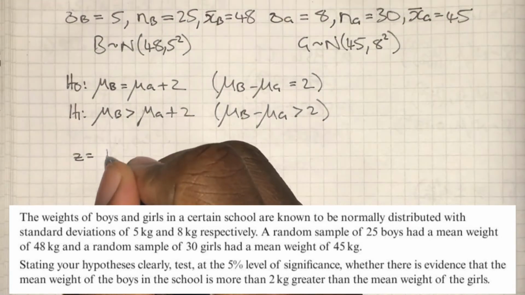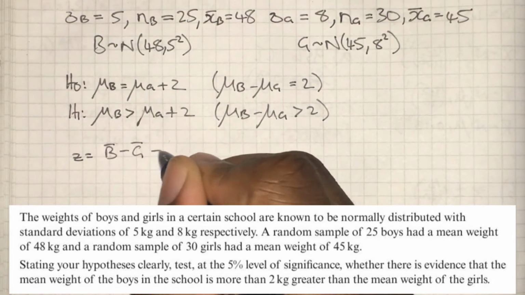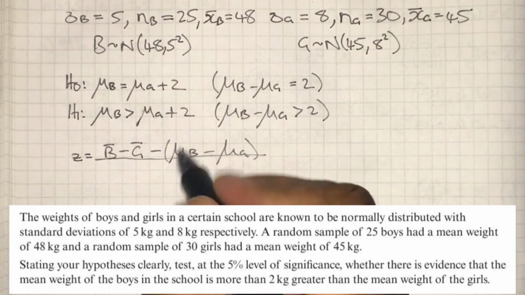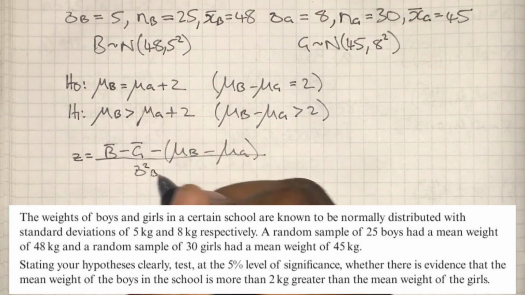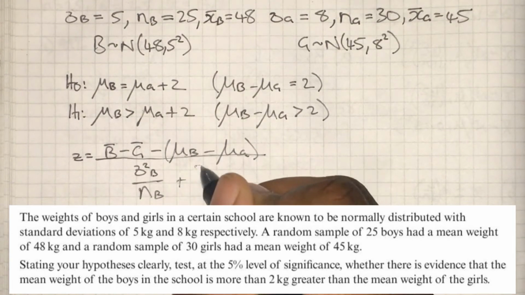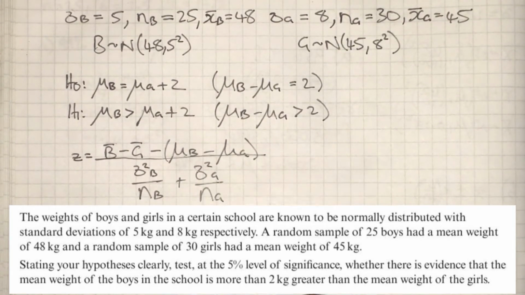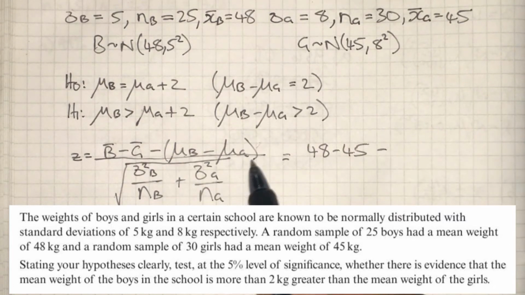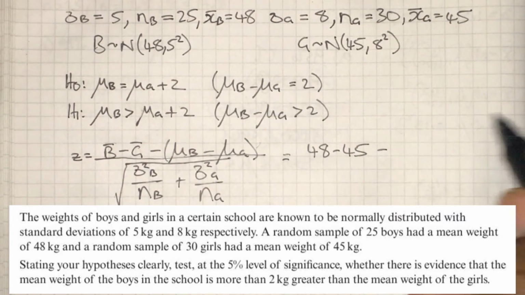We're going to go ahead and substitute into our test statistic. Remember how I used the fact that the difference equals 0 in the previous question? Well, now I'm going to use the fact that the difference equals 2 and substitute that into the test statistic. So we'll go ahead with our substitution. This bracket is going to equal 2.